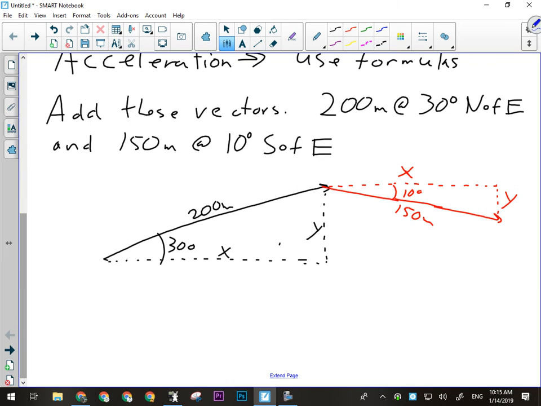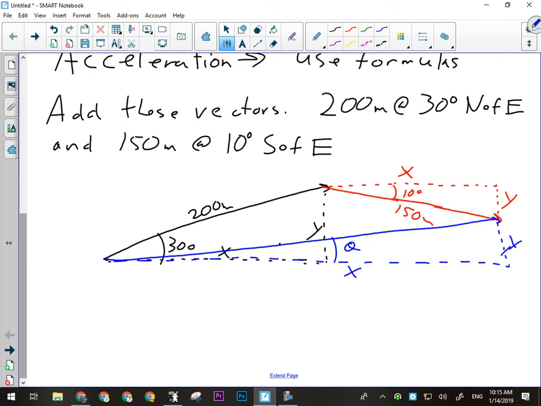My resultant in this case is the total displacement of this object, and that always goes from beginning to end. And that's going to represent our total displacement.